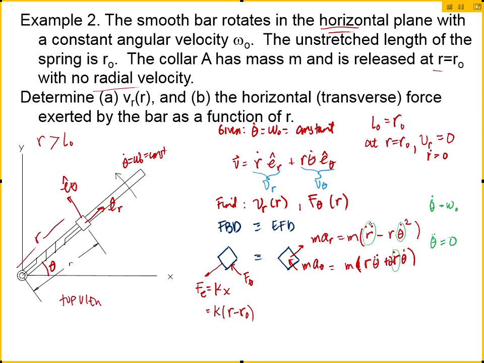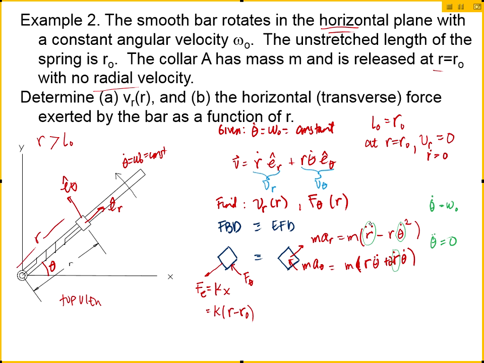Okay? So, is this a happy system? How many unknowns do I have? So I have 2 on the right side. However, I have an F theta on the left side. Yes?